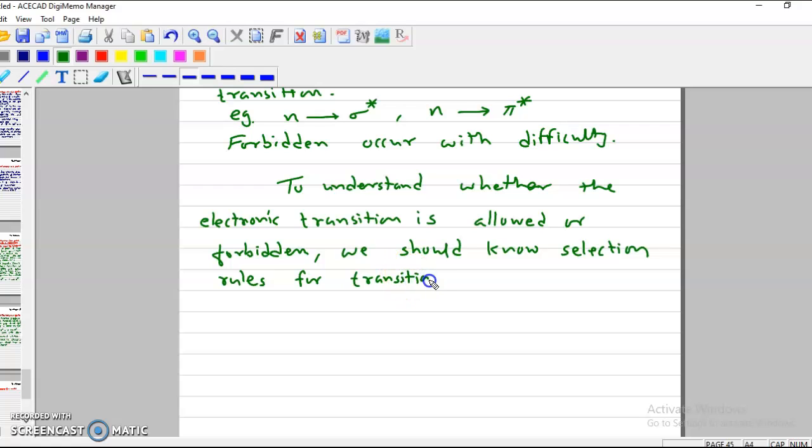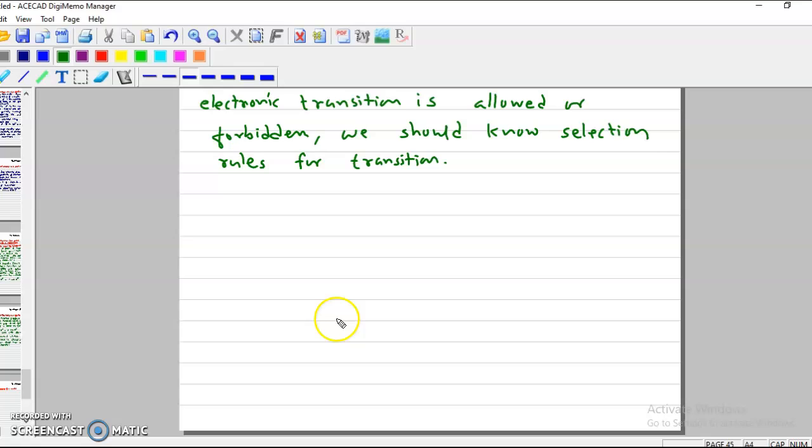So in UV visible spectra, the type of transitions depends on selection rule. Okay, that is very, very important. So selection rules are many, but for electronic transitions we will study a few selection rules.